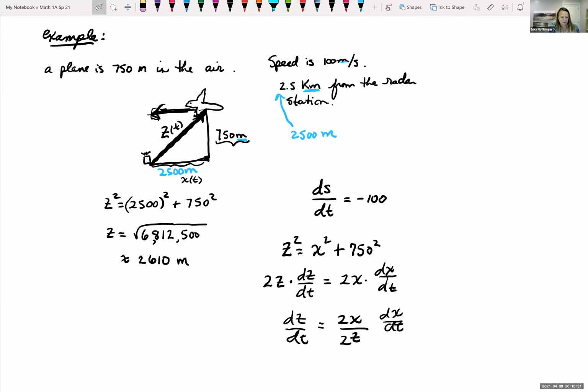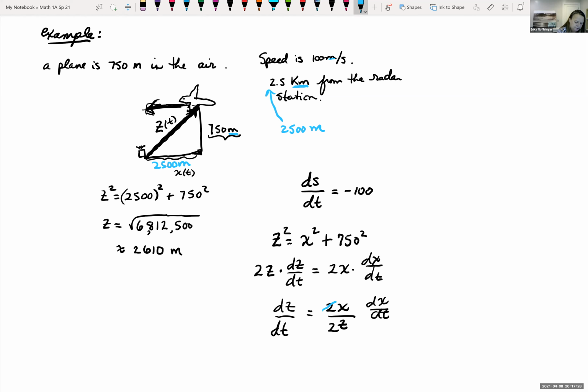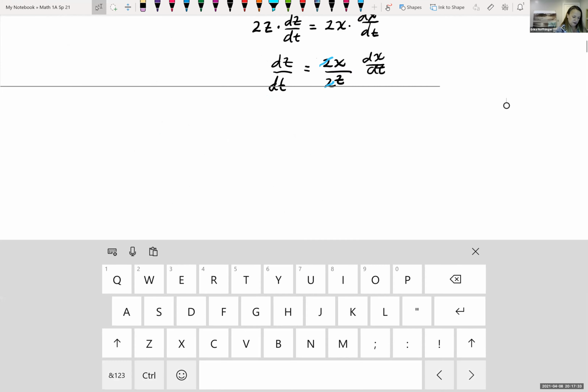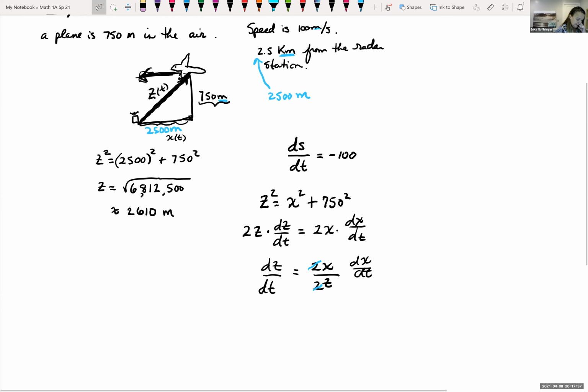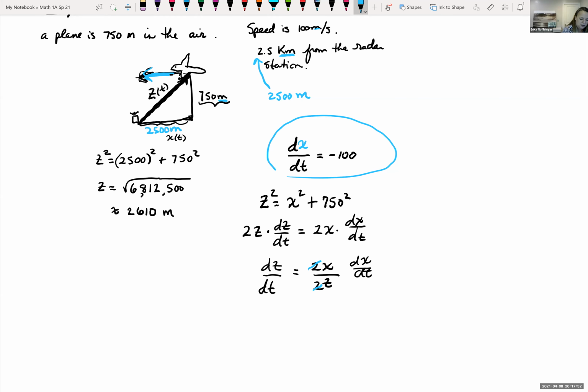So let's reduce down and let's plug in what we know. It's probably because this is what was confusing me, that this rate of change, how we're coming in here, this is our X value. So this was dx dt. Okay, so let's plug in what we know.